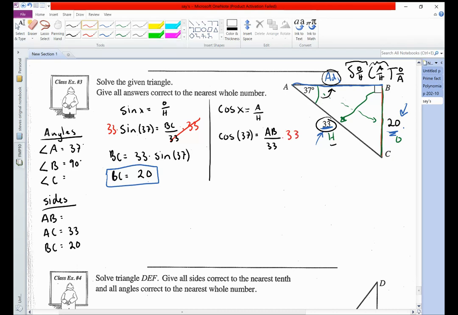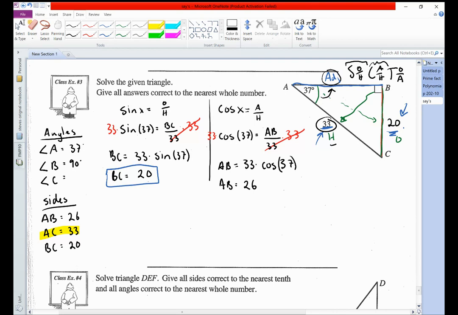We're going to multiply both sides by 33. That will cancel out. I'm left with AB is equal to 33 cos 37. And when I type that into my calculator, I'm going to get 26. So now I know that my AB side is 26, and I've solved for all the side lengths. They make sense because my hypotenuse is 33, and that should be the biggest one, and AB is less than that, and so is BC.